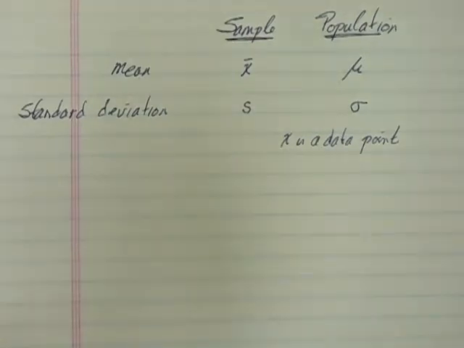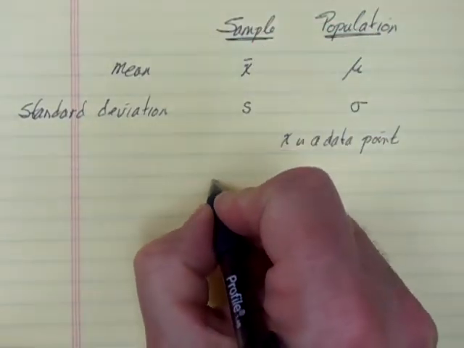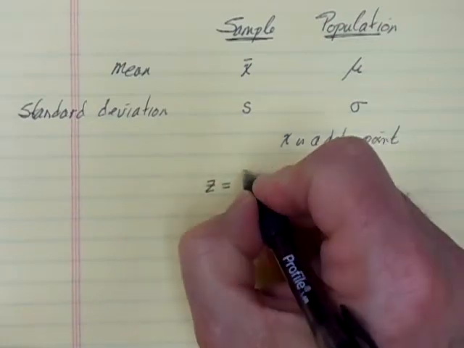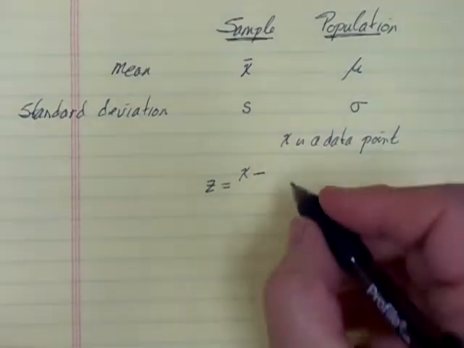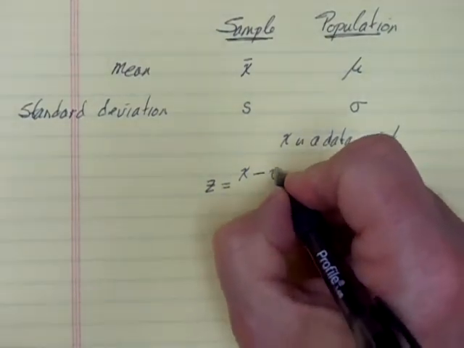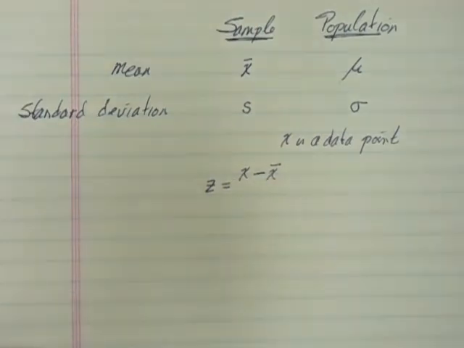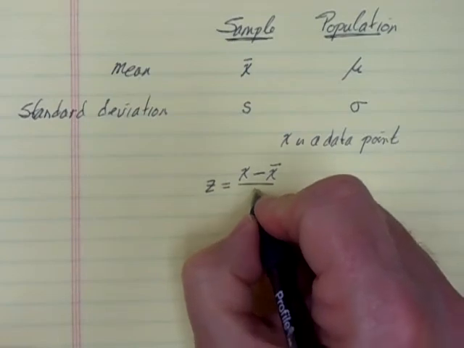Now, with that notation, it means that when we're talking about a sample, if we're looking for the z-score, then z is going to be the x value of the point that we're trying to find the z-score for, minus the mean, x bar. That tells us how far x is away from x bar, and all divided by the standard deviation.